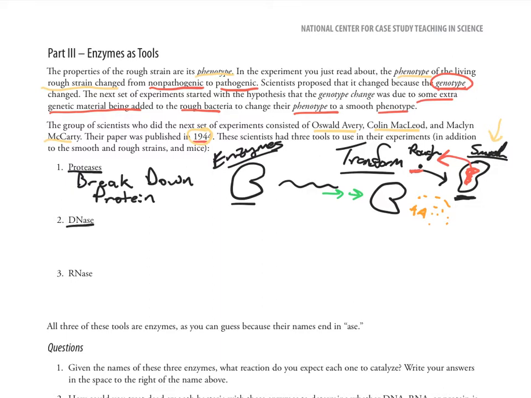DNases, guess what they do? Well, you guessed it, they break down DNA. All right, so every specific enzyme has a specific function. A protease breaks down proteins. A DNase is going to break down DNA. DNA is going to look a little different than a protein. Each molecule has its own shape and function.